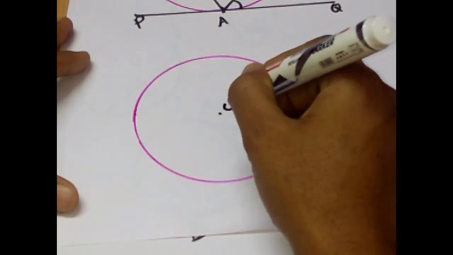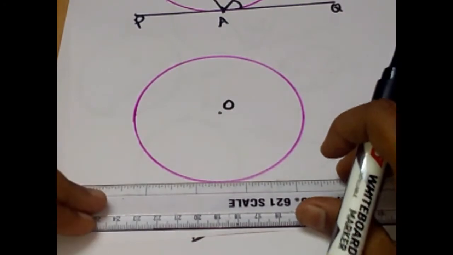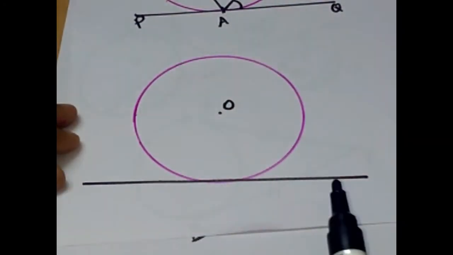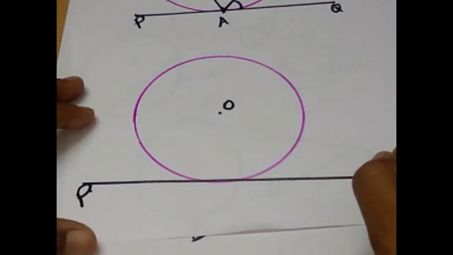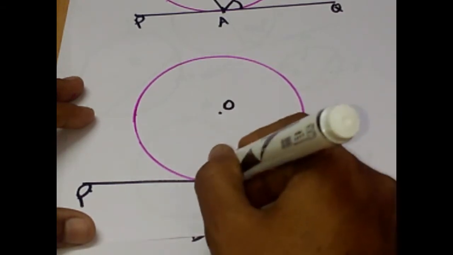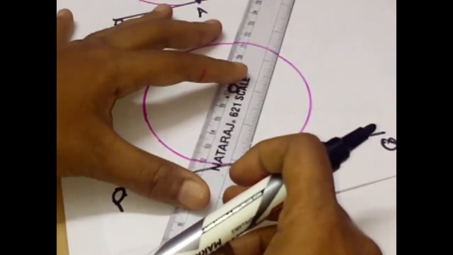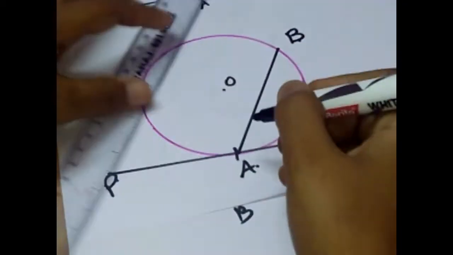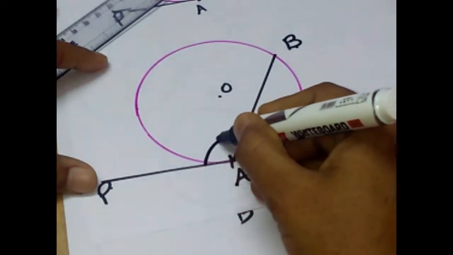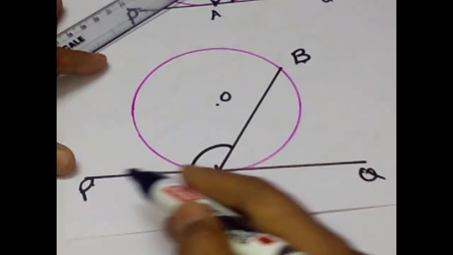Here I have a circle with center O. Let me draw the tangent PQ, which touches the circle at the point A. Here we can notice that AB is a chord again, and now let us mark the angle formed at the major segment, that is angle BAP.